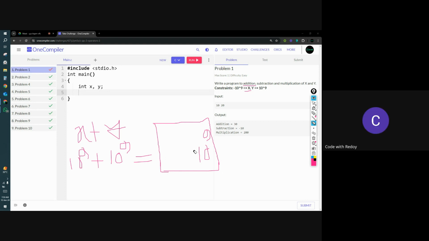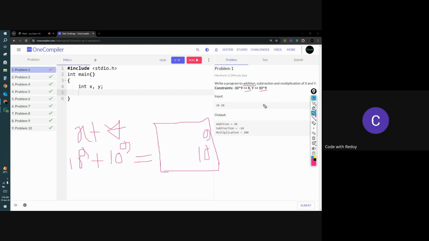Do you understand? Always you need to think about the maximum one. So I'm using the maximum value for x and y, because the user can give me the maximum value, 10 to the power 9.